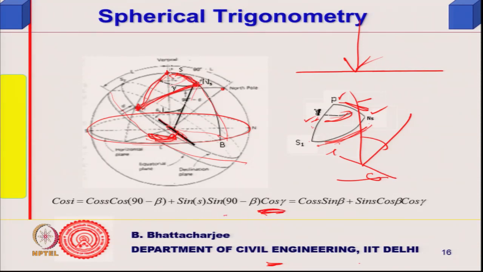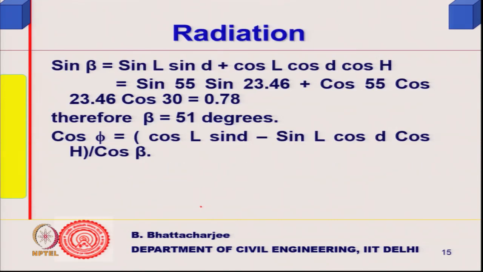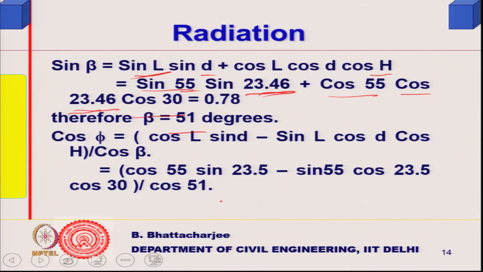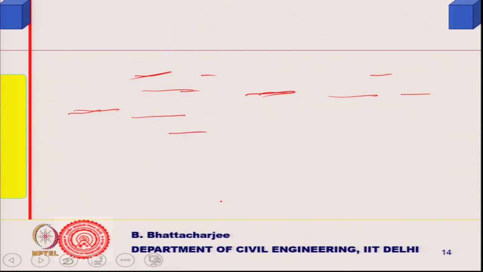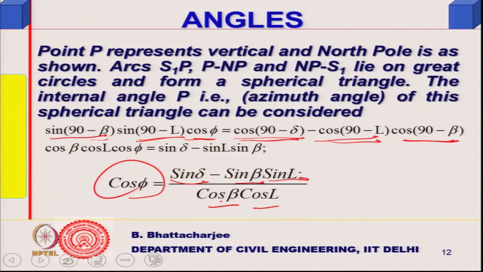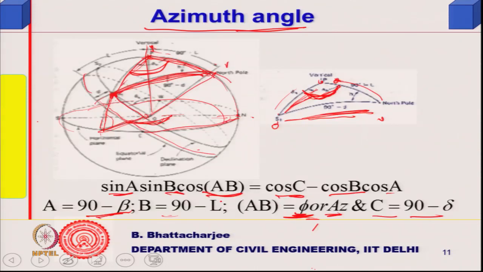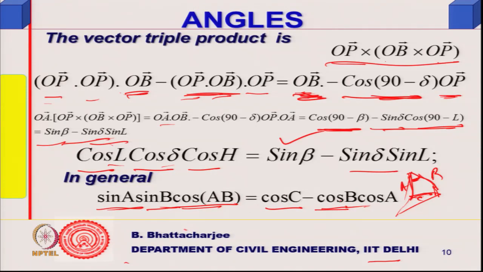I think I can write it like this: sin of tilt angle, sin of 90 degrees minus beta, cos of the contained angle equals cos of that third angle, the incident angle. I think I should write the formula, remove this. Let me go back to the general formula, yeah, here.